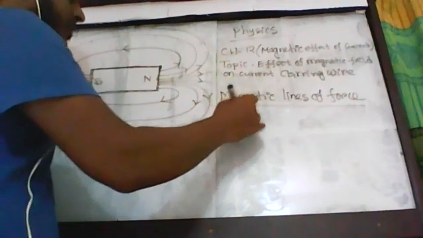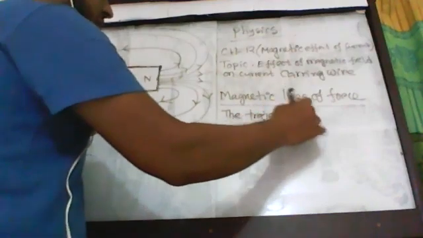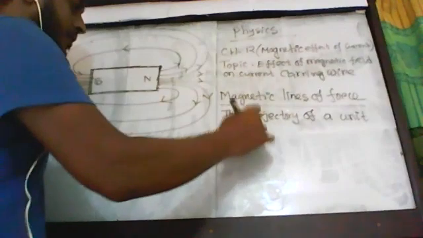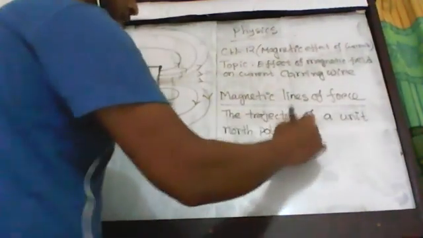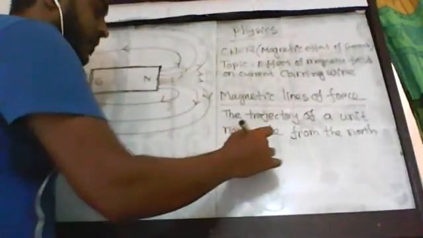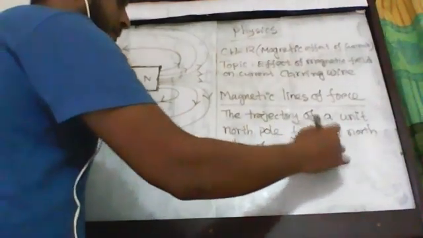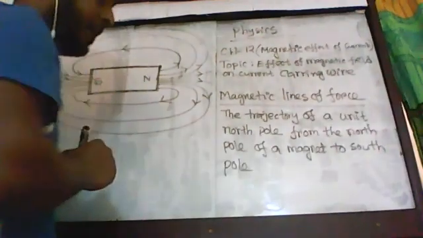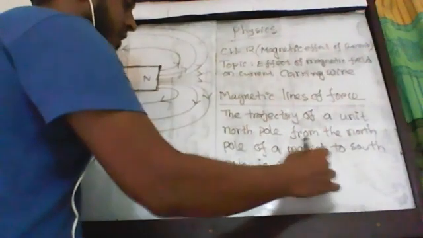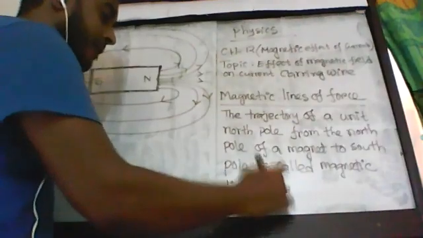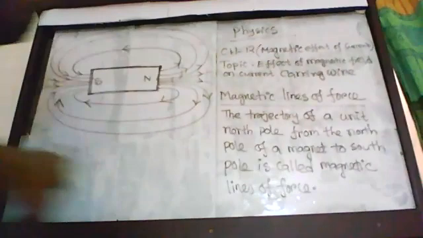The trajectory of a unit north pole from the north pole of a magnet to the south pole is called magnetic lines of force.